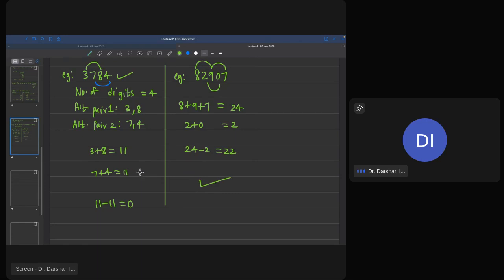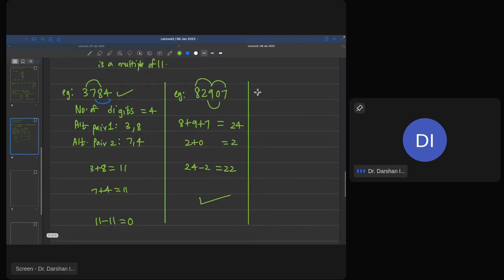Let me give you one more example and you tell me whether it is divisible or not. The number is 9647. Don't try it on calculator.